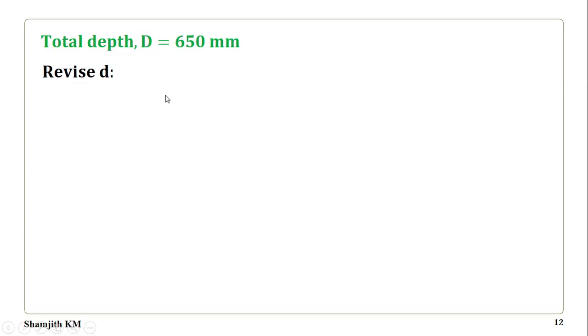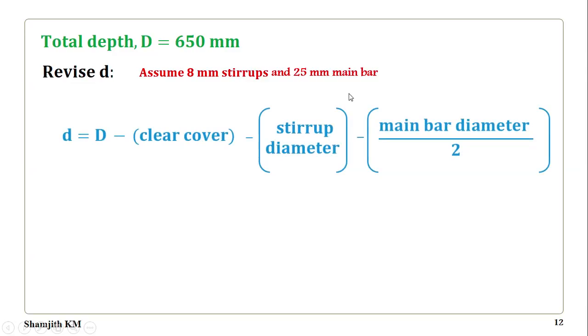Now, if we adopt total depth D equal to 650 mm, we should revise the effective depth d. For that, we will be assuming an 8 mm stirrup which is used to bind the hanger bars and the main steel bars, and the diameter of the main steel bar as 25 mm.